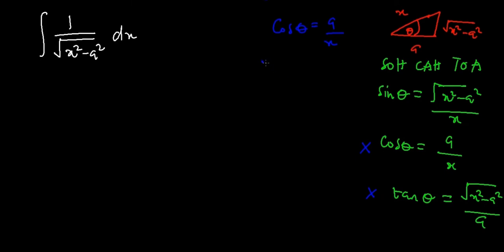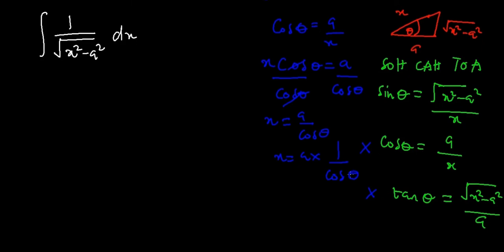So this will give me x times cosine theta will be equal to a. But I want to make x the subject, so I divide both sides by cosine of theta. So this will give me x equal to a over cosine of theta, which is the same as x equals a times 1 over cosine of theta.